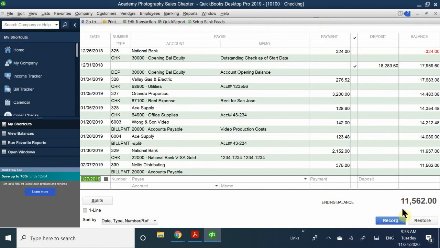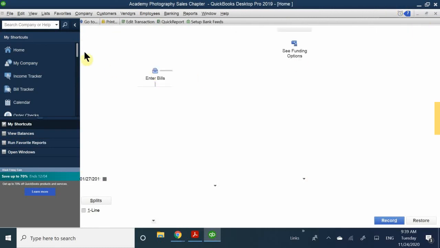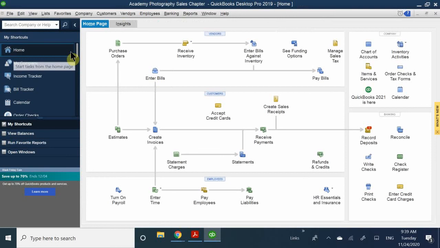So here I have $11,562 right now in my bank account. Okay? And we'll talk about this again when we finish all of our receipts and invoices and receiving our payments. All right? So that's what happens when you do receive a payment, whether it's through a sales receipt or through an invoice.